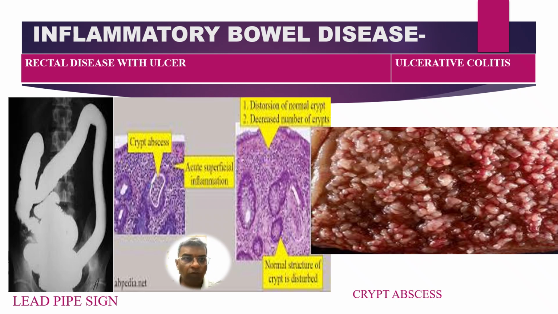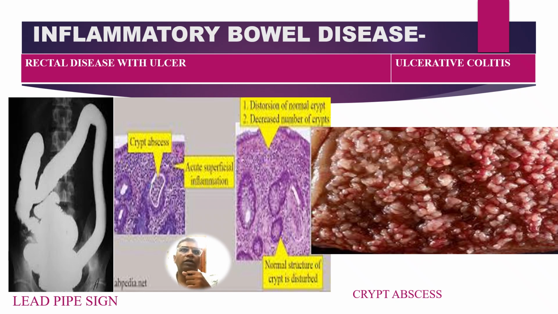There will be pseudopolyps arising from the unaffected mucosa and will contain only mucosa and submucosa. The helper cells, Th2 cells, are involved. As a result, there will be no granuloma formation. Non-caseating granulomas are seen in Crohn's disease and they are absent in ulcerative colitis.